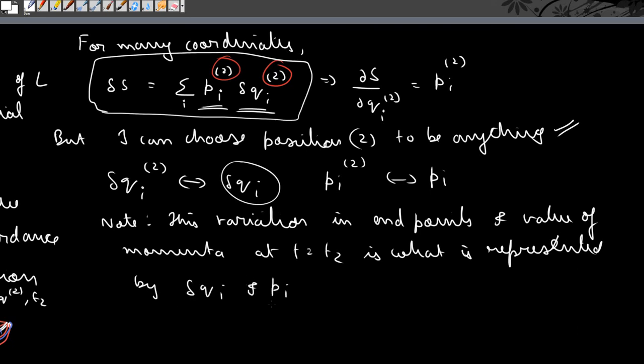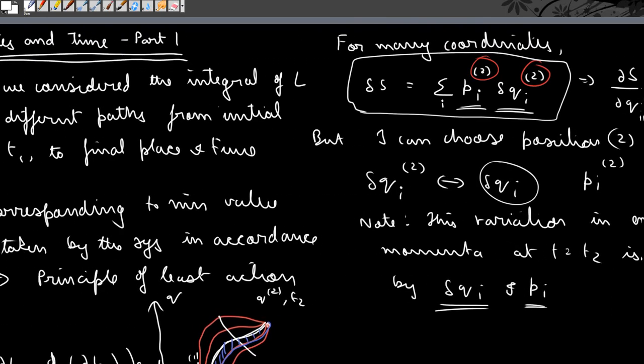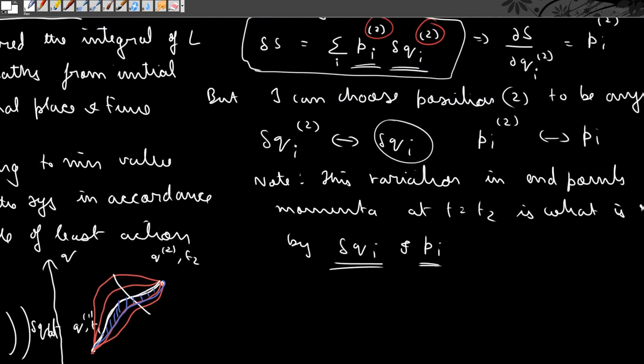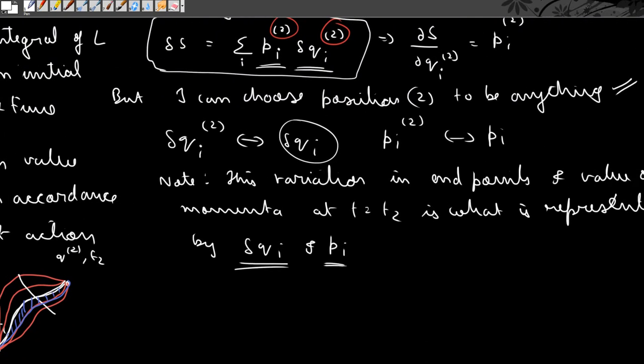So what I mean is that this del qi and pi do not correspond to the values at any time, but they correspond to the values at the endpoints, which is t equal to t2. So this notation makes it more clear, but this notation makes the equation look better. That's the only difference, because it is just notation.